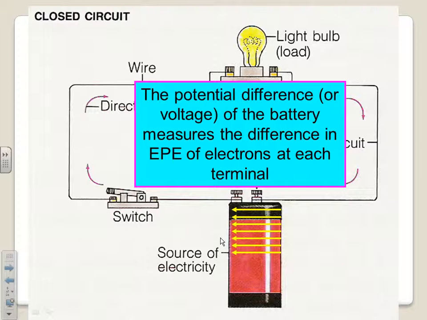The potential difference, or the voltage of the battery, measures the difference in electrical potential energy at each terminal. So how much work is done on each electron? That's the potential difference, or the voltage of the battery. Okay? The potential difference, or the voltage source, does work on charges and increases their energy.